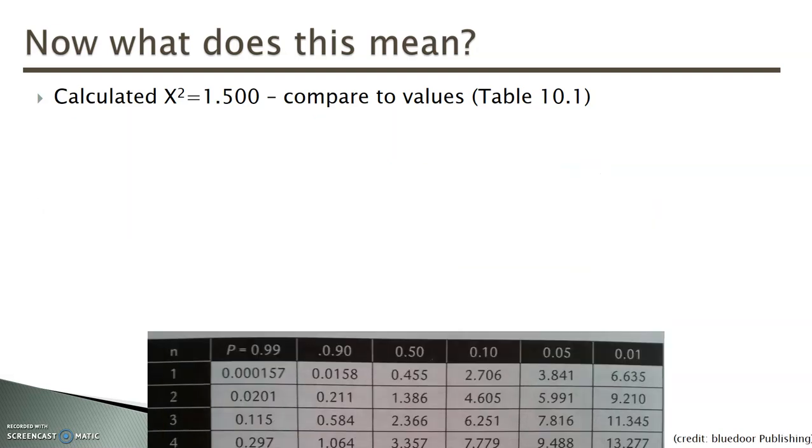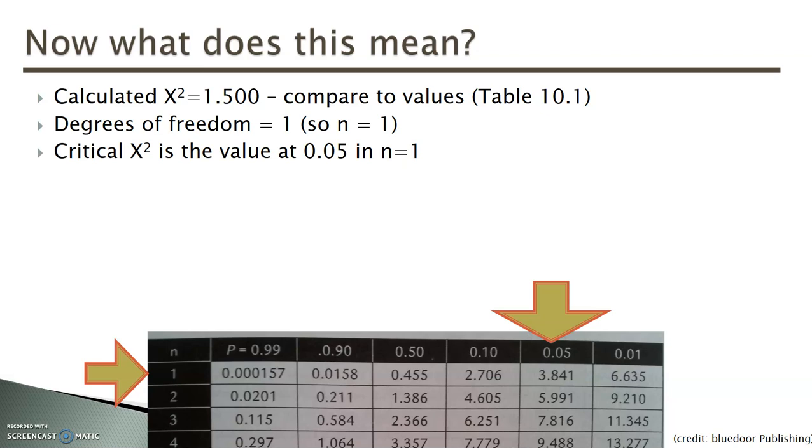Okay, so let's look at our example. In the example of our marbles, 0.15 was our calculated chi-square value. Now we're going to compare that to this table. So where do we need to look? First, you need to find your degrees of freedom. We did that earlier. It's 1. We had 2 outcomes, blue and white marbles. 2 outcomes minus 1 equals 1. So we're going to be looking at the n1 row.